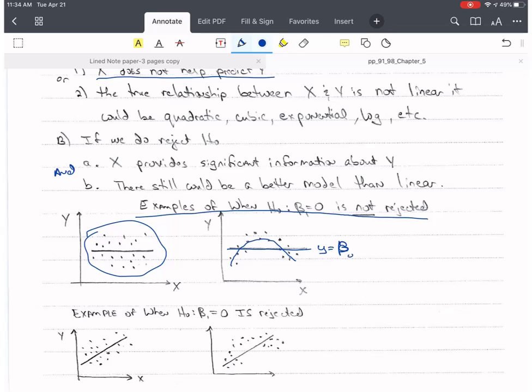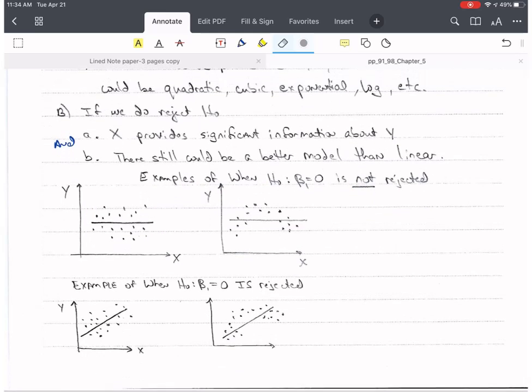Okay? But there is an association here. It's just not linear. So again, this points us to the importance of graphing our data. Plotting the data is very, very important, so that we don't just blindly look at a p-value and the results of a test. Okay?